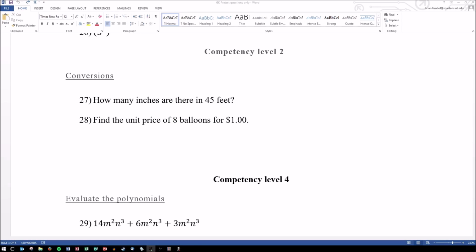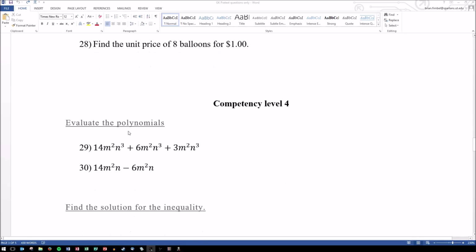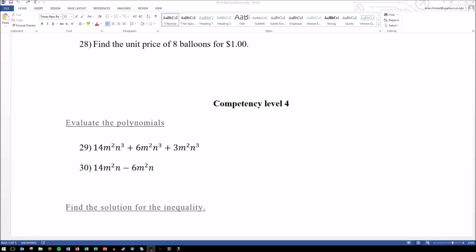So now we're moving on to evaluating polynomials. We already have a video up on these, and hopefully by the time a lot of you are watching these videos, we'll have all of the videos up. But what we're going to do for number 29 is we're going to look at, we have 14m squared n to the third plus 6m squared n to the third plus 3m squared n to the third.